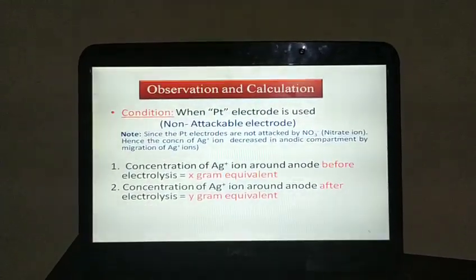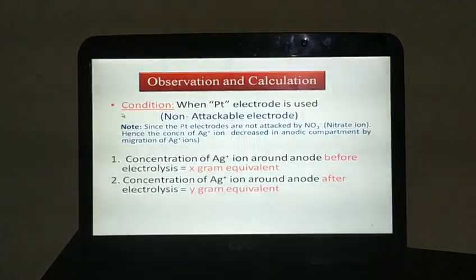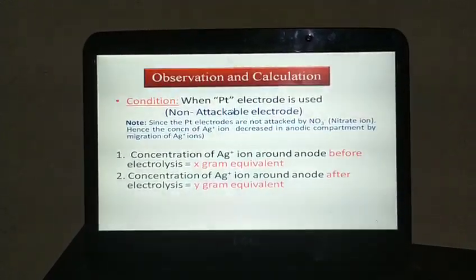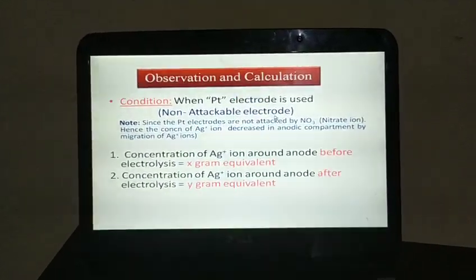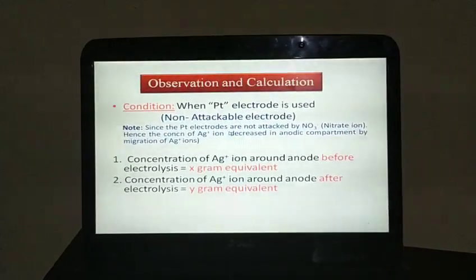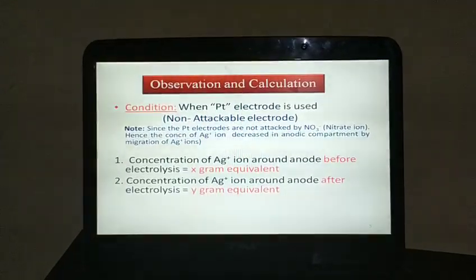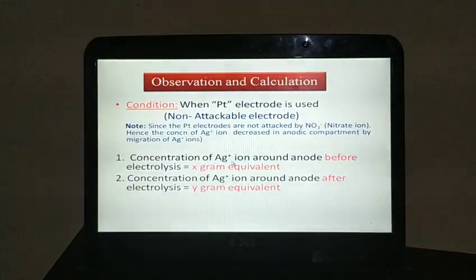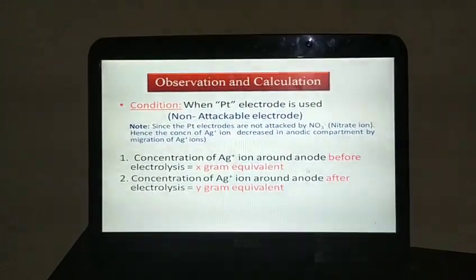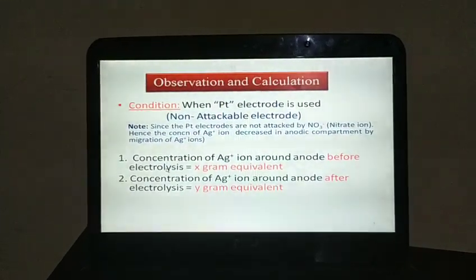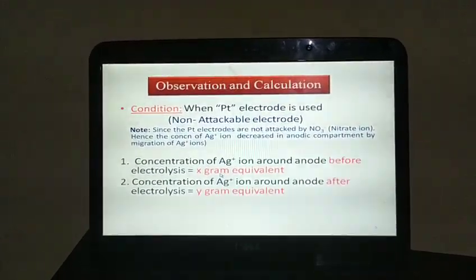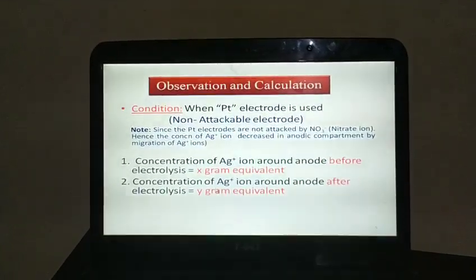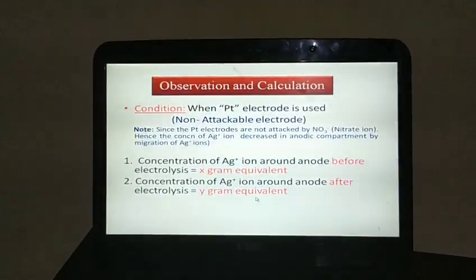Now come to the observation and calculation. The condition we have maintained is that a platinum electrode is used, which is a non-attackable electrode, and since platinum is an inert metal, it will not react with nitrate ion. The first observation: we have to find the concentration of Ag plus ions around the anode before electrolysis. It is taken as X gram equivalent. The concentration of Ag plus ions after electrolysis is taken as Y gram equivalent.